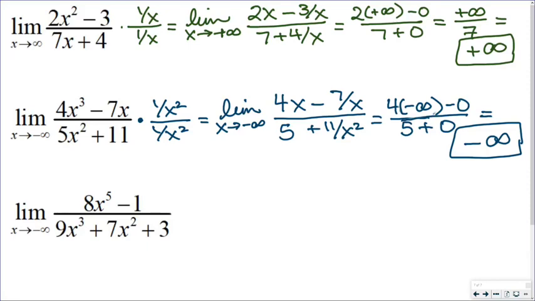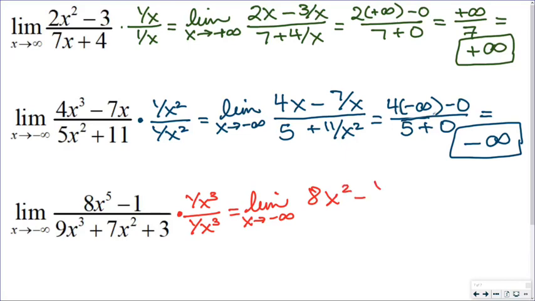All right, in the last one, the highest power of x in the denominator is 3. Again, I have a problem where x is approaching negative infinity, so I'm going to multiply everything by 1 over x cubed. The highest power of x in the denominator is x cubed. So I have the limit as x approaches negative infinity of 8x squared minus 1 over x cubed.